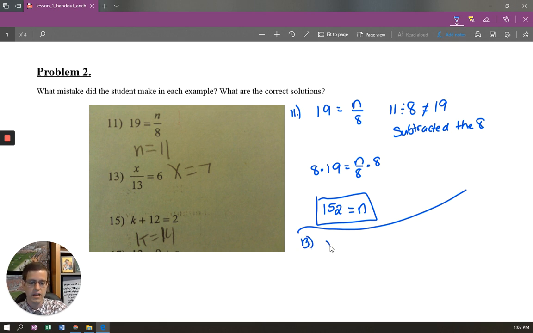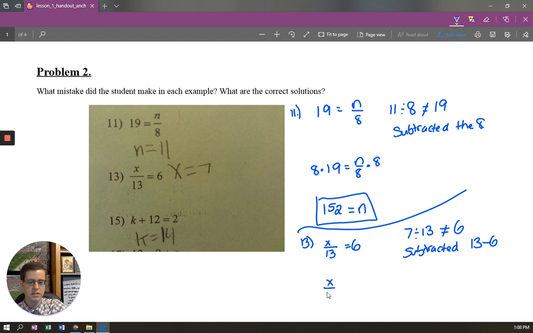What about 13? Well, x divided by 13 equals 6, and they're saying that x equals 7. Well, 7 divided by 13 is not equal to 6 if we put the 7 in. It's not a solution. And so, once again, it looks like they subtracted 13 minus 6 to get the solution. That's not how we're going to solve that.